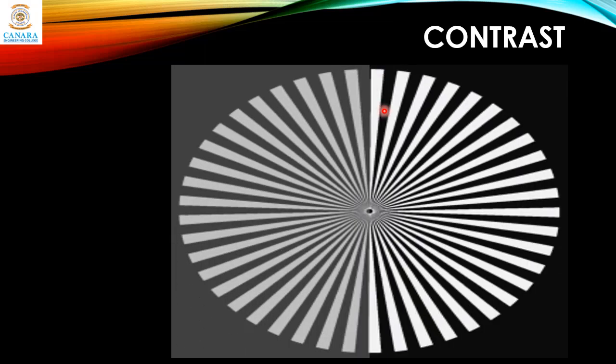Let us understand the meaning of contrast, because we'll use this term a lot, and it's very essential to understand what is the impact of changing the contrast on an image. So consider this example, and you can see on the left hand side of this image the edges are not clear.